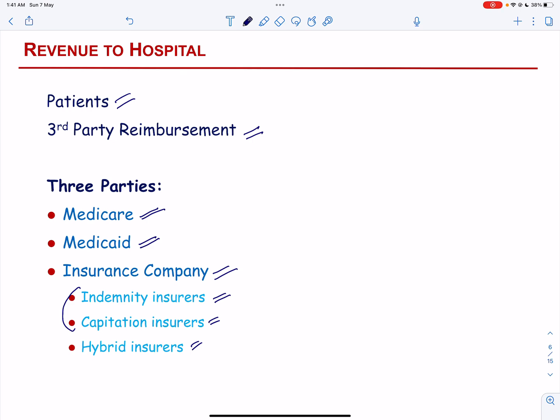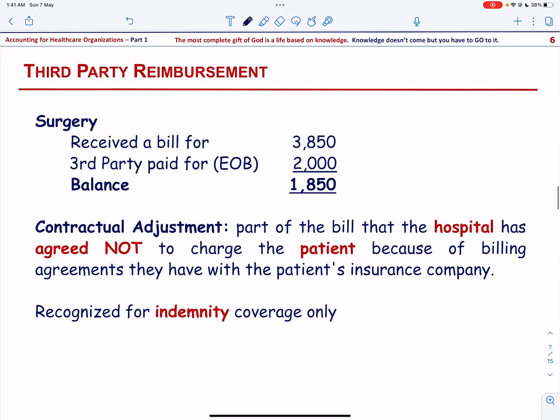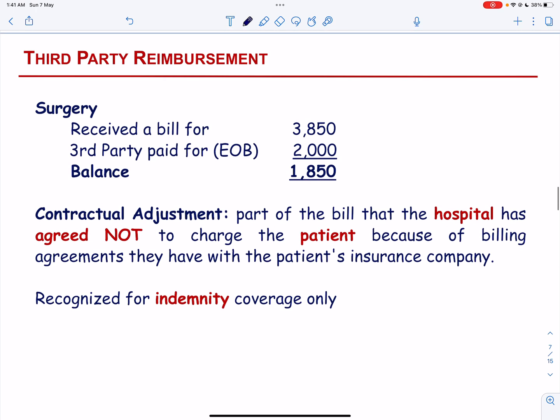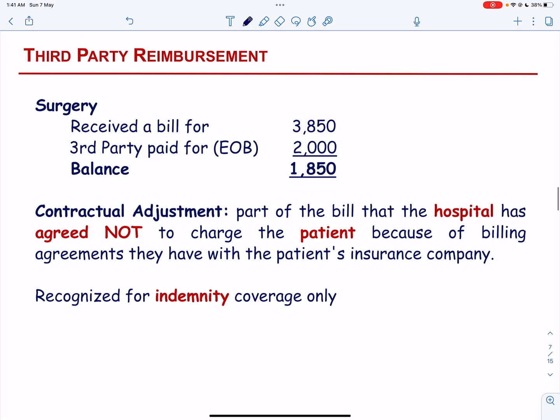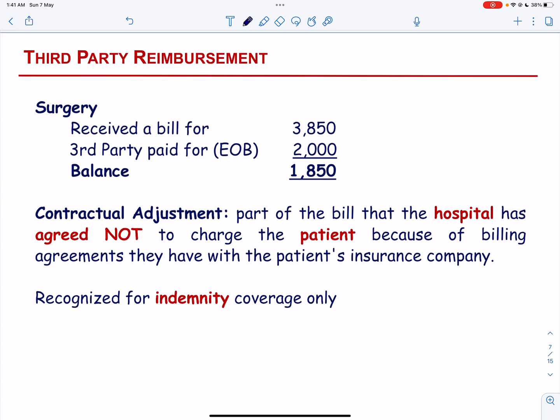Next, let us talk about how the mechanics of third party reimbursement work. A third party pays the health coverage provider based on the contractual rate, and this rate is based on the illness.